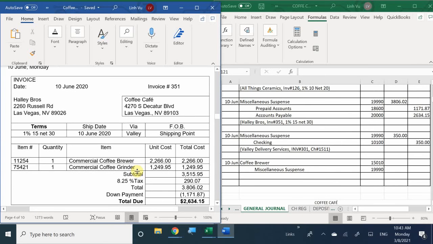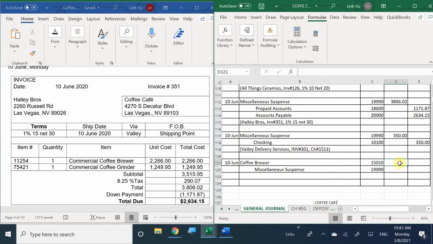No. The coffee brewer, just the brewer itself. $22.66, okay? All right? And then, of course, we're going to get taxed on that. So what is the tax on that 22.66?